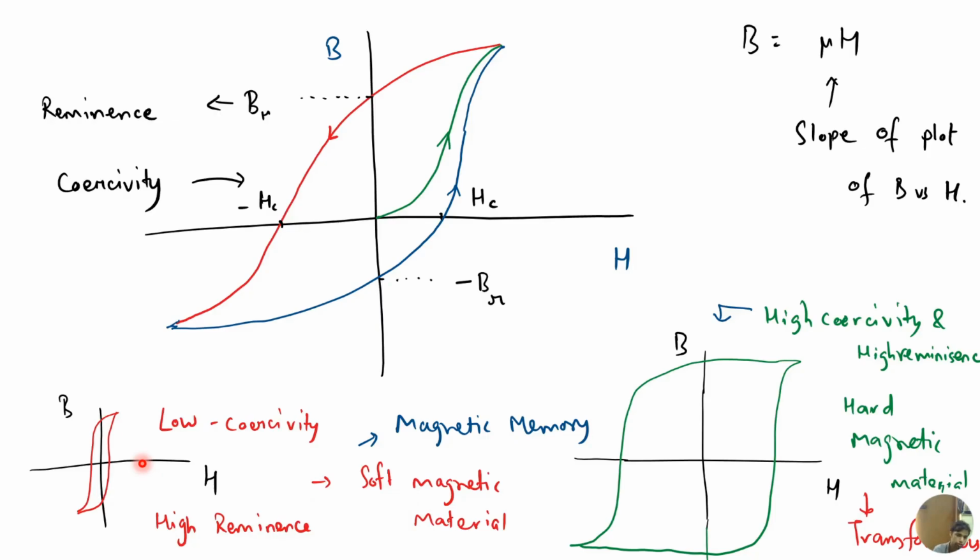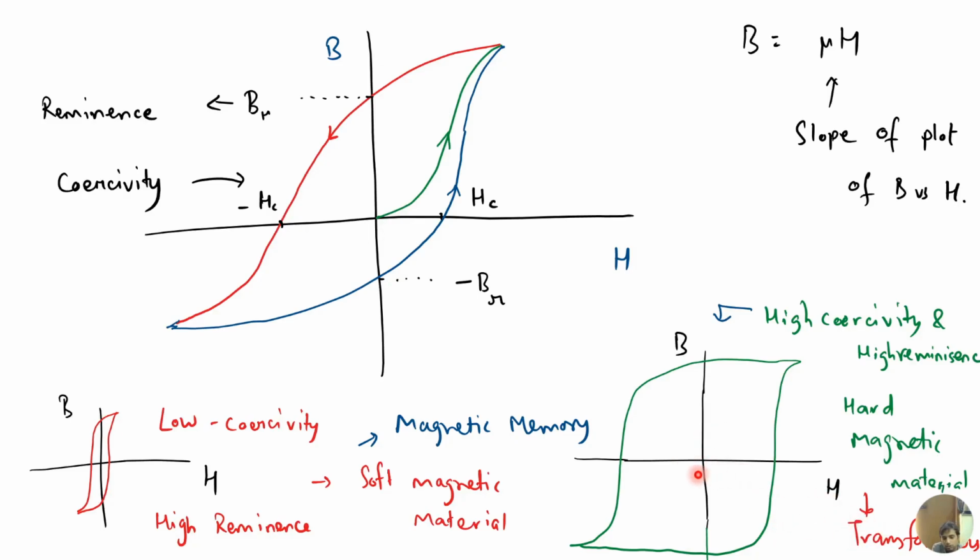Why soft? Because you have to apply a very small amount of magnetic field strength for a large change in the magnetic field induction. But in materials like this, you have to apply a really large amount of magnetic field strength for a given amount of magnetic field induction. These are called hard materials, and these are particularly used in transformers.